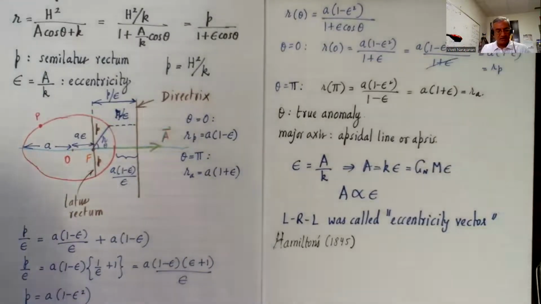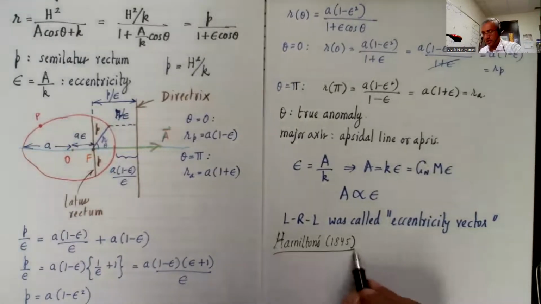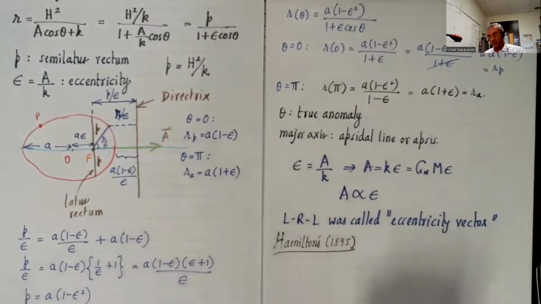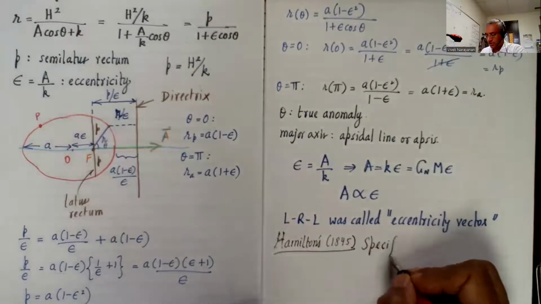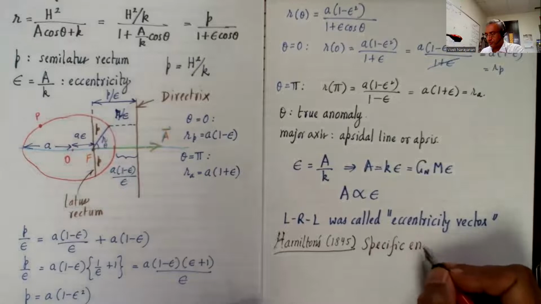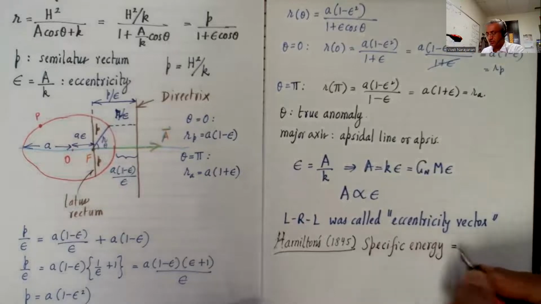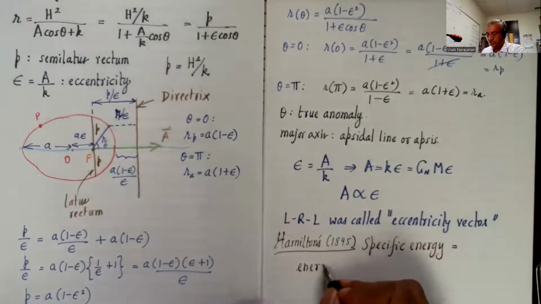So we classify the energy in terms of whether the orbits are elliptical, parabolic, or hyperbolic. So let's first of all define a specific energy. And in this case, it's the energy per unit reduced mass.